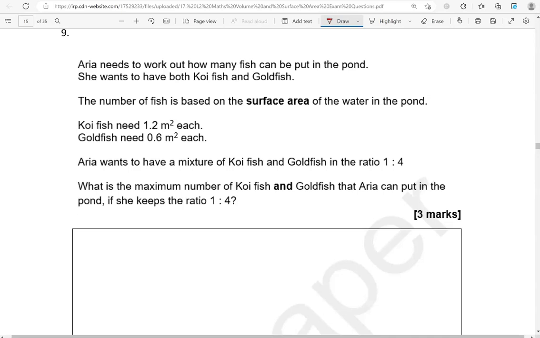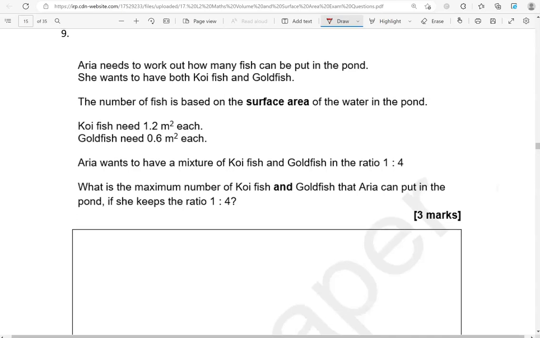the ratio 1:4? So the surface area of the water in the pond is the area at the top of the pond. It's not like any surface area of any shape that you work out. In this particular case, it's a case of where water meets oxygen.